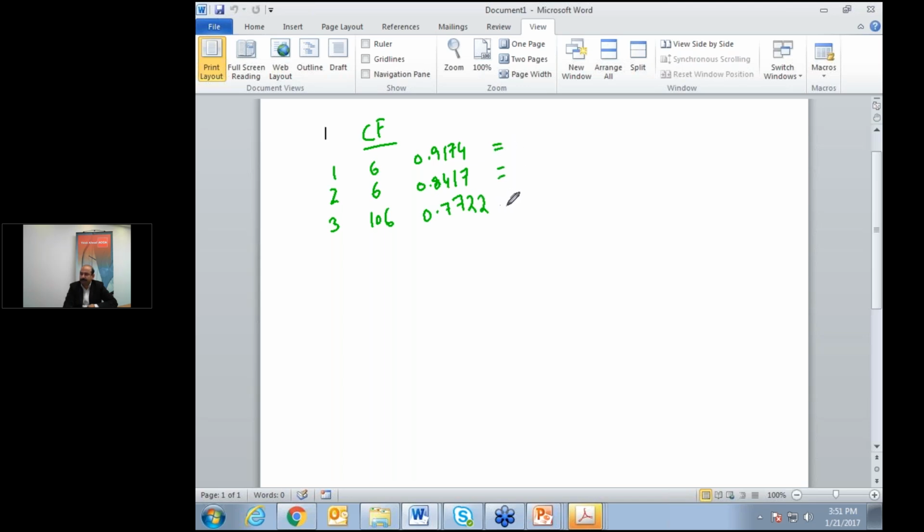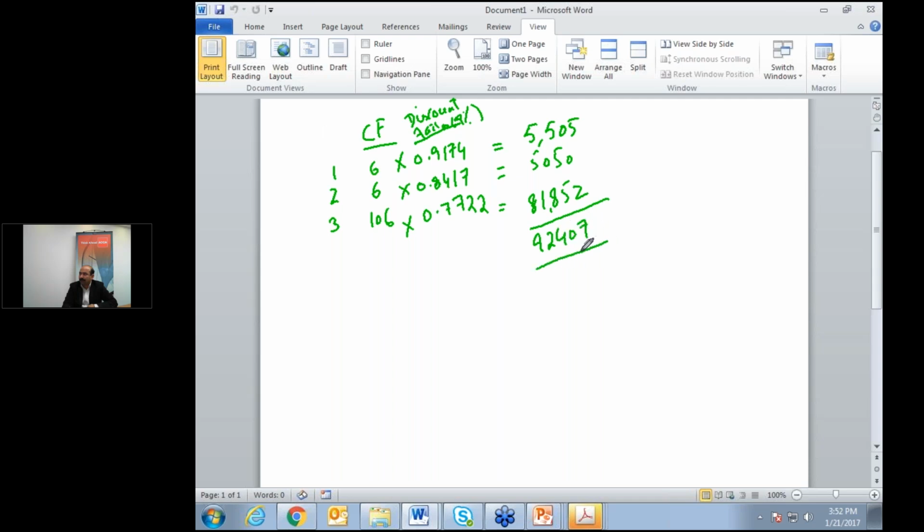This will give us 5,505.50, and this is 81,852 when we multiply these two. This is the discount factor, which is 9%. So total will become 92,407. This is the debt element.